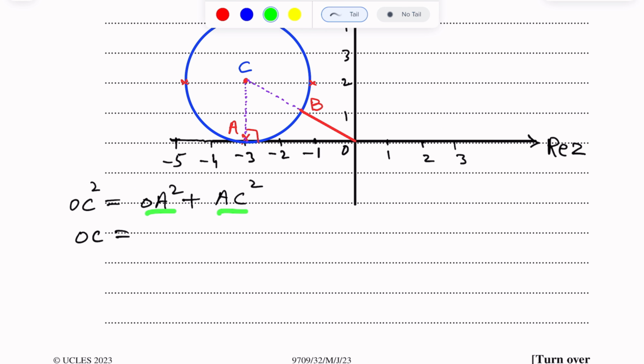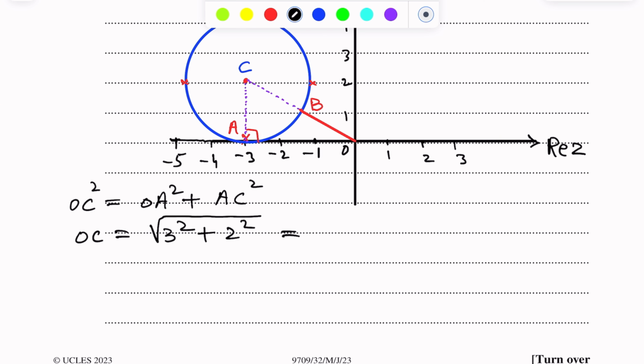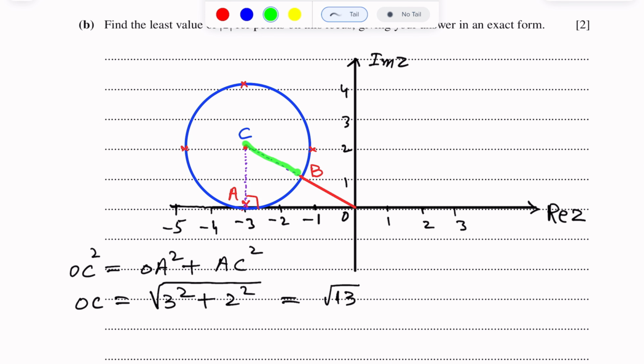We get OC is equal to the square root of 3 square plus 2 square, that is root 13. This is OC, the hypotenuse of this triangle, but we need only OB.